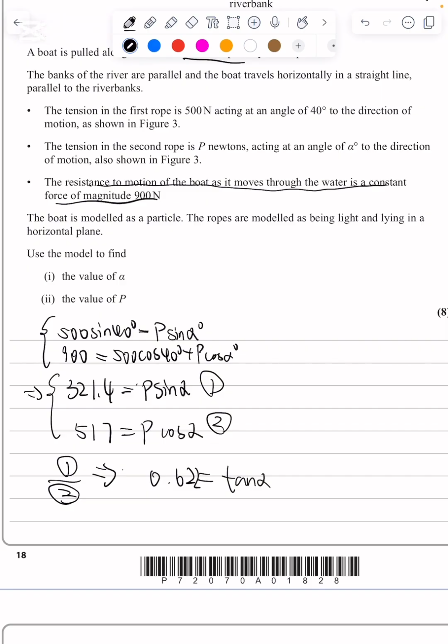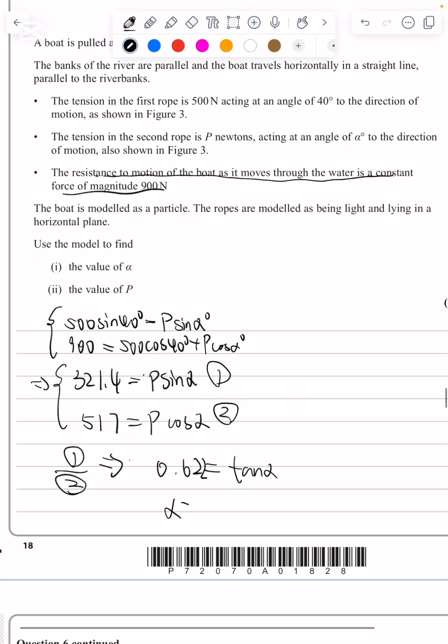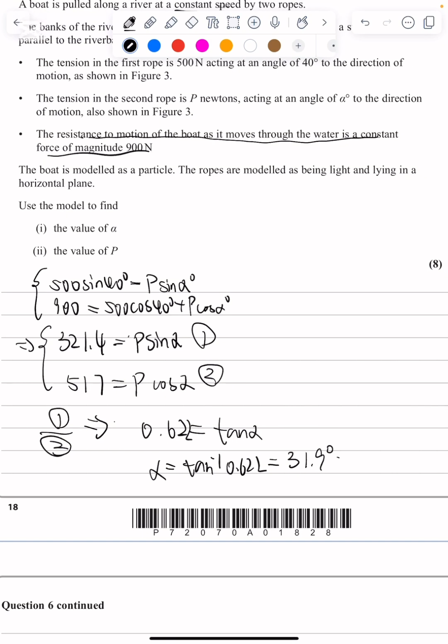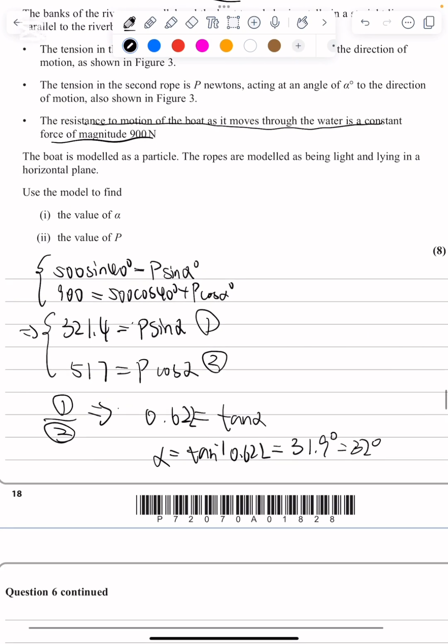Yeah, around that value. So we do inverse tangent of this, we get something around 31.9 degrees. Let's call it 32 degrees.